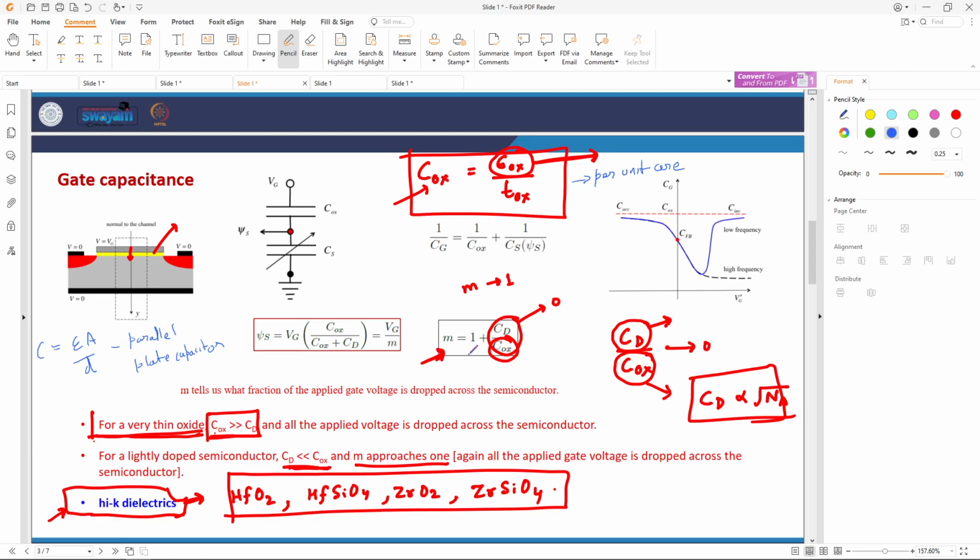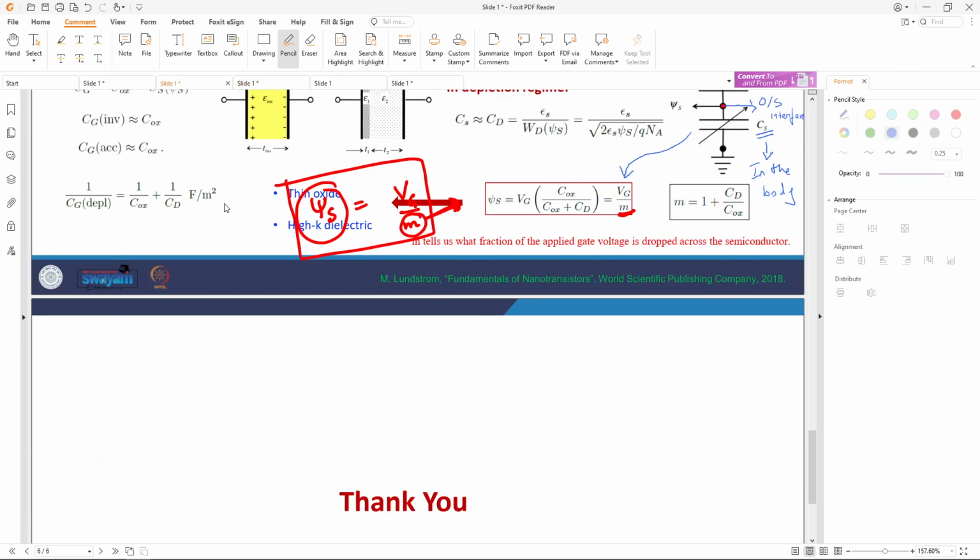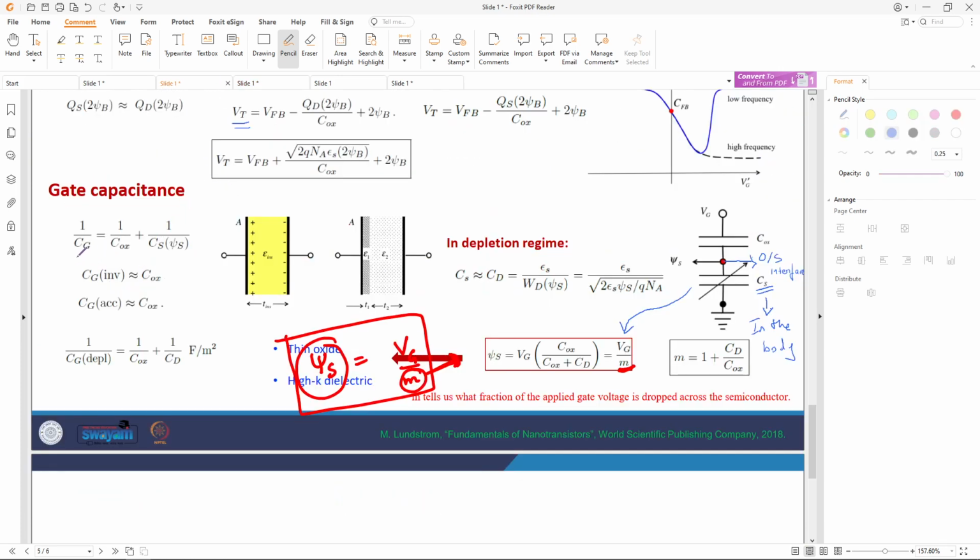Remember from the previous slides, in the strong inversion region, the gate capacitance is equal to the oxide capacitance. That implies the depletion capacitance goes to zero. Oh wait, does the depletion capacitance go to zero?